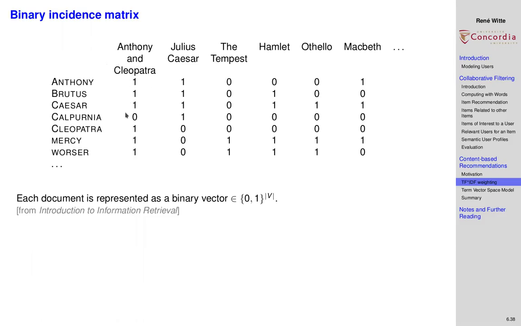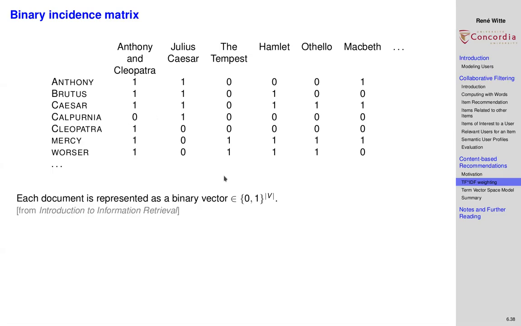So now we have for each book a vector of the dimensionality of how many words there are. So this is our vocabulary. Let's say we have 10,000 words, then each document, each book is a vector in 10,000 dimensions, where the individual values in the vector are either 0 or 1.